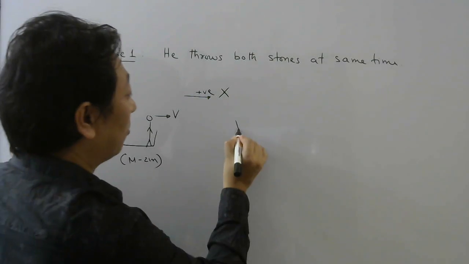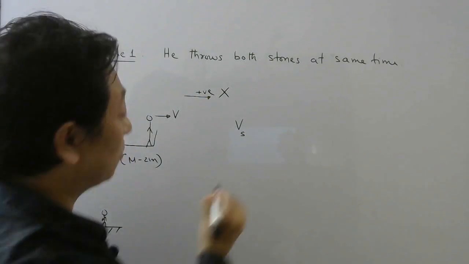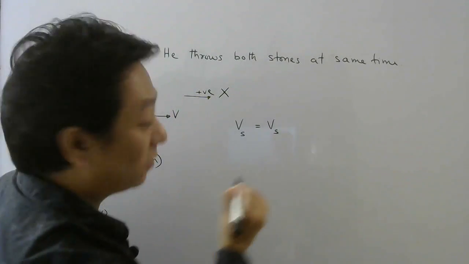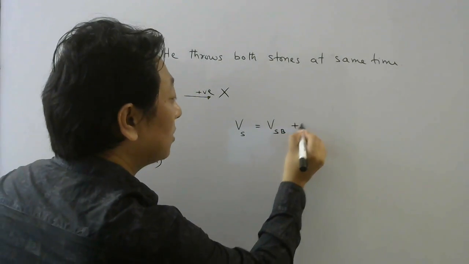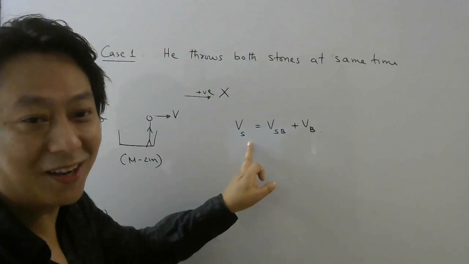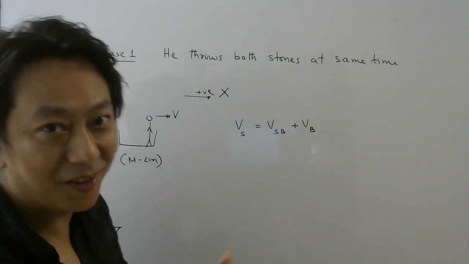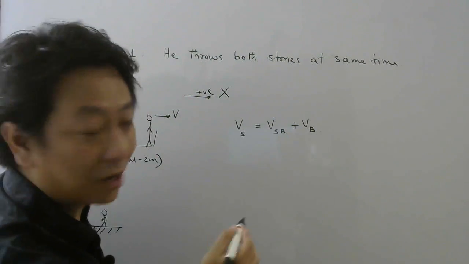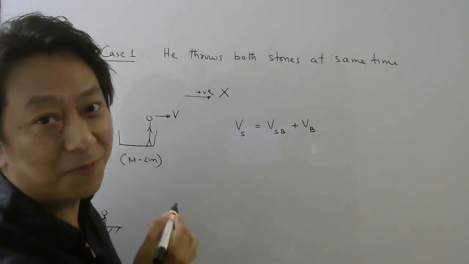What is the formula? Well, velocity of stone with respect to ground is given by the velocity of the stone with respect to boy plus velocity of boy, isn't it? If you bring VB this side, you will get the famous formula of relative velocity, VSB equals VS minus VB.